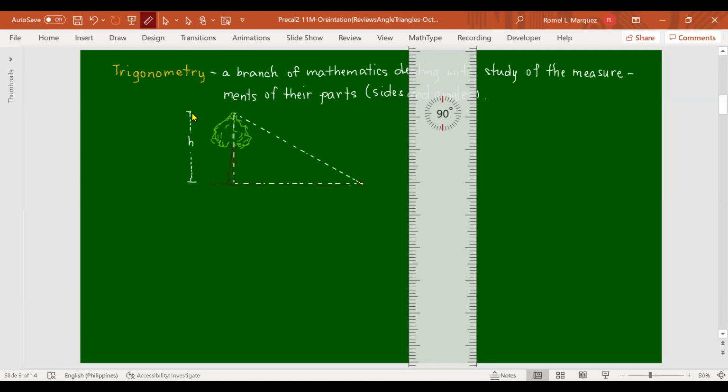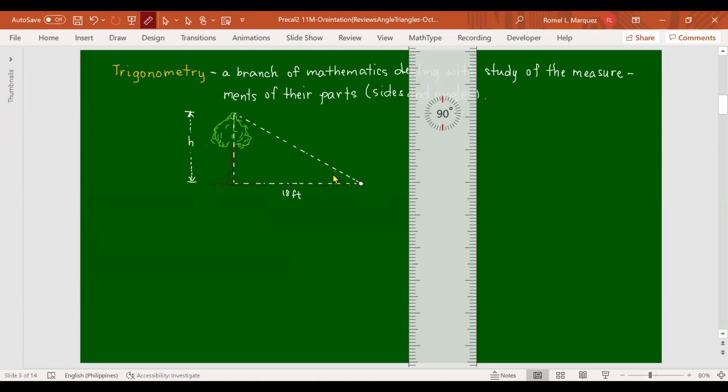And this tree is approximately, let's say, 18 feet, for instance only, 18 feet from this point.